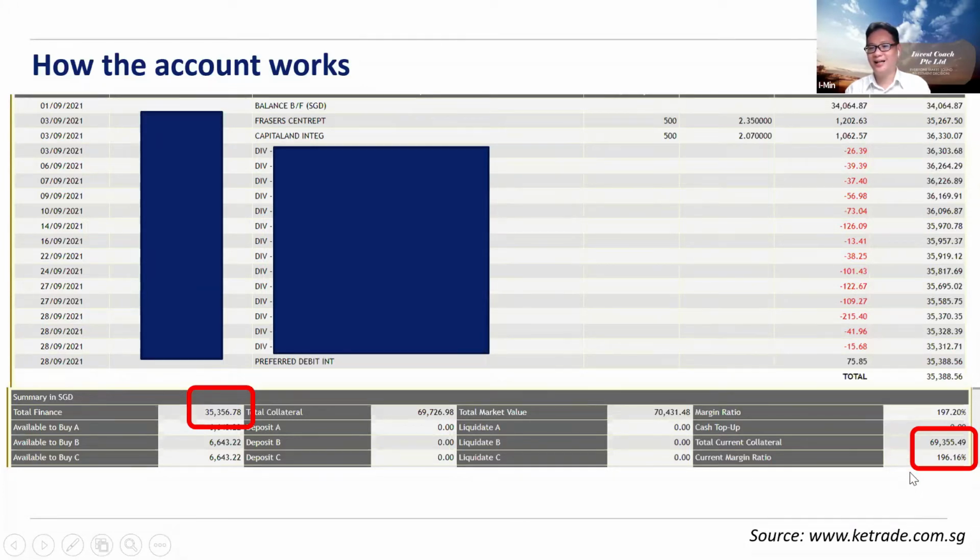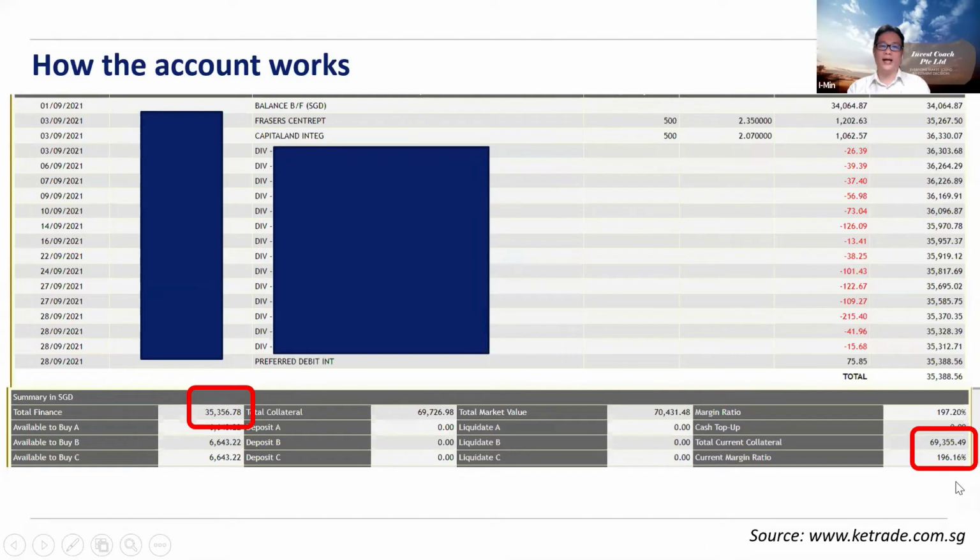Like I said, personally I do this to accumulate wealth and get the dividend. That's what I'm gunning for. I just monitor this ratio. When it goes below 180%, I will top up cash so that it remains above 180%.